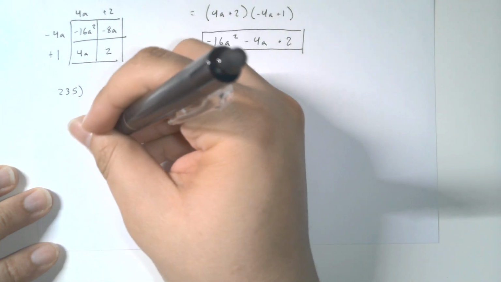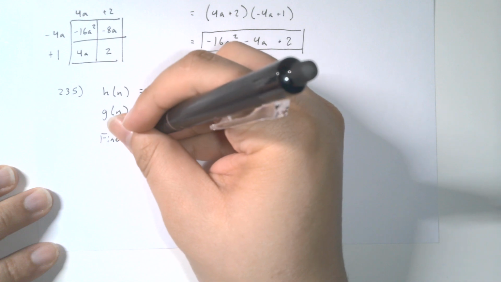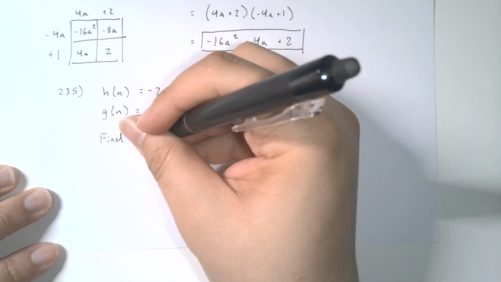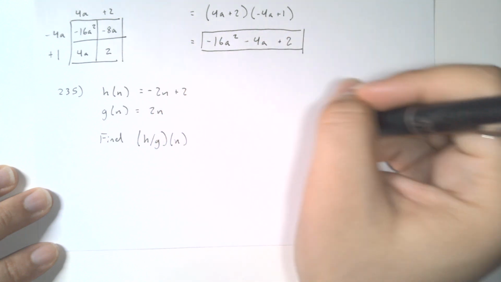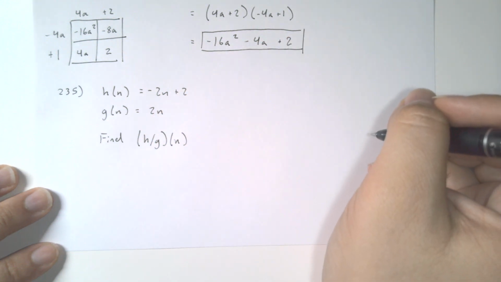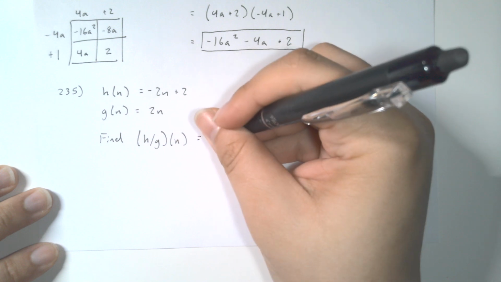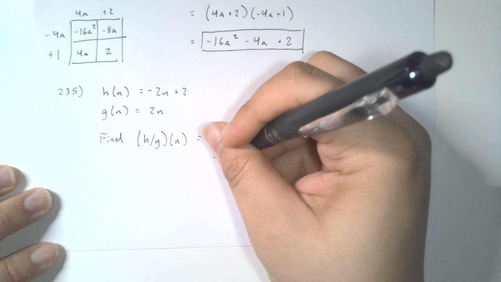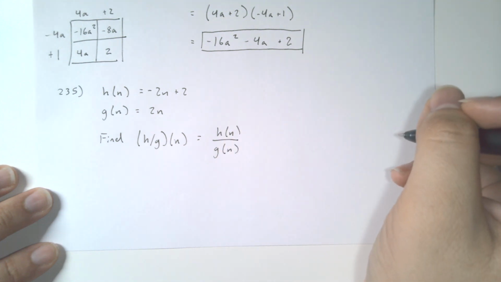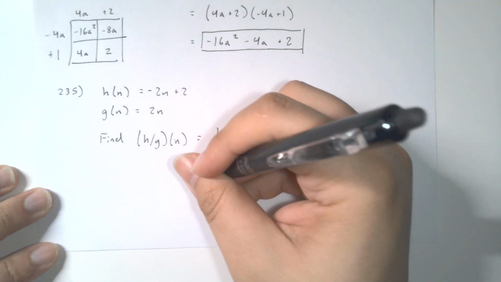So we want to find h over g of n. So to find that, remember this is just equal to h of n divided by g of n. And so we just put one function over the other.